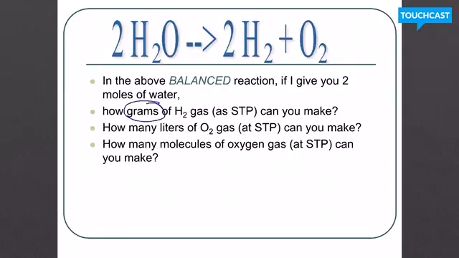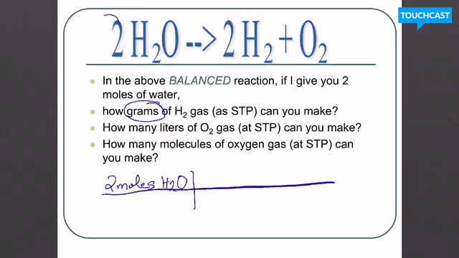So if I give you 2 moles, this is what I'm starting with. Always start the problem with what they give you. If I give you 2 moles of water, the question is asking you to give me how many grams of hydrogen gas at STP. So I'm starting the problem with what they gave me, 2 moles of water.